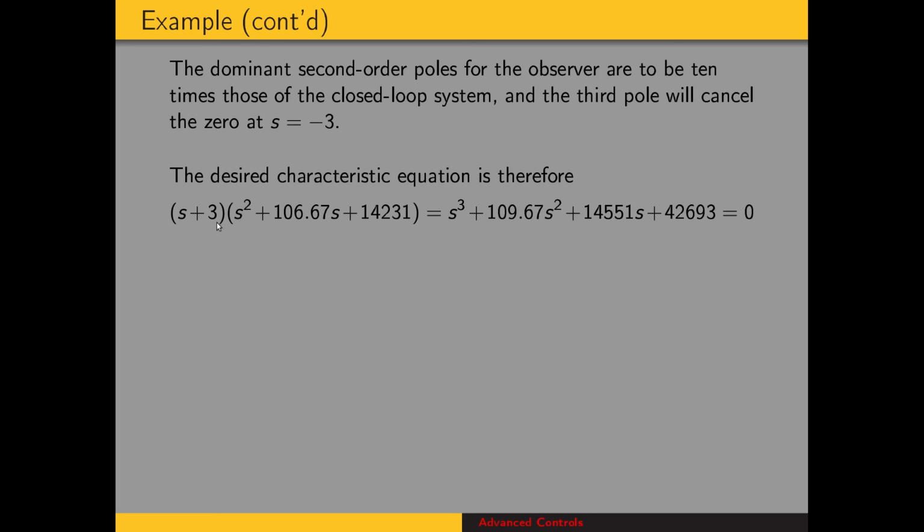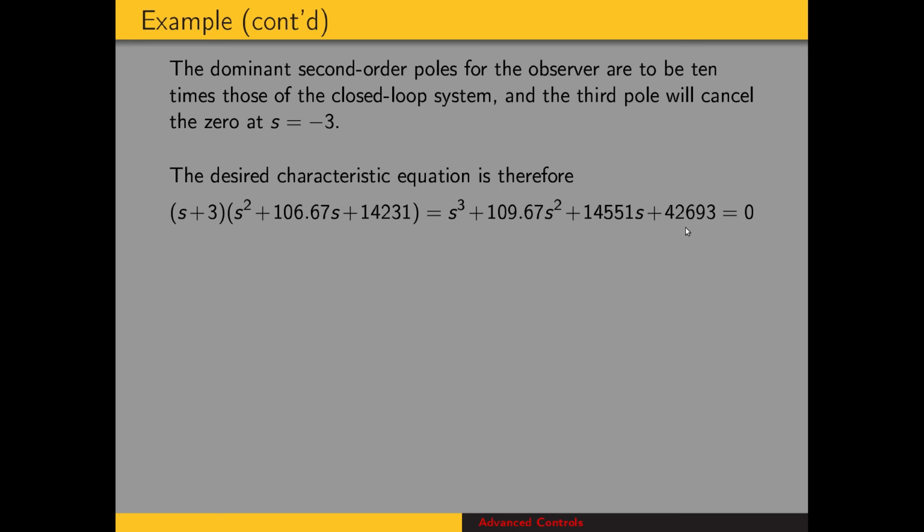We still had the pole at s plus 3. Now our quadratic, instead of having s squared plus 2 zeta omega n s plus omega n squared, what we end up with whenever we multiply those second order poles by 10, is that this term is multiplied by 10 and this term is multiplied by 100. So it's kind of like s squared plus 20 zeta omega n s plus 100 omega n squared, if we're using zeta and omega n from the closed loop system.